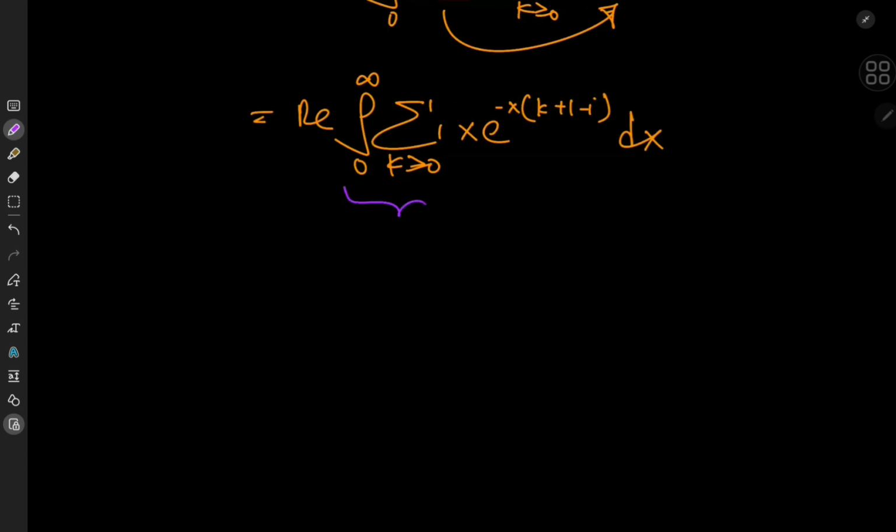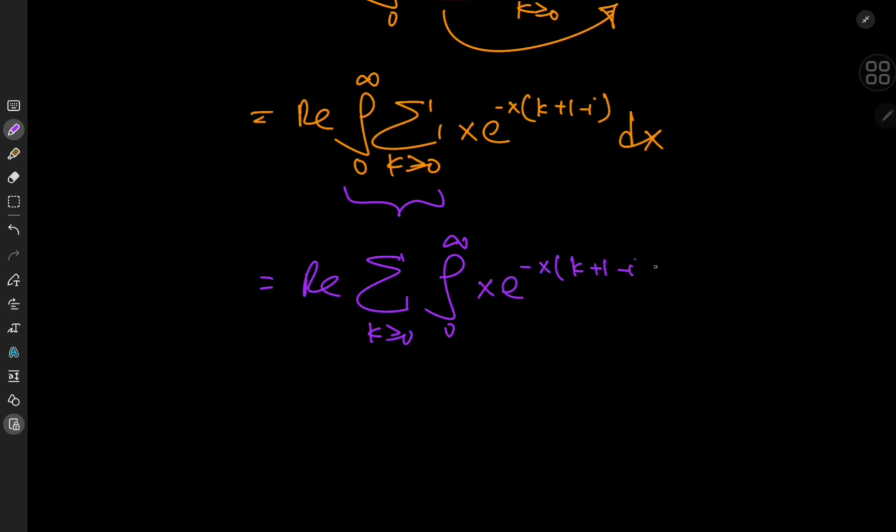From here we can switch up the integration and summation operators, because this damping factor of e^(-x) guarantees convergence. So we have the real part of the sum over k of the integrals from 0 to infinity of x times e^(-x(k + 1 - i)) dx.